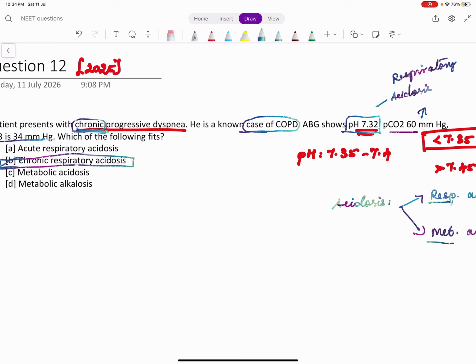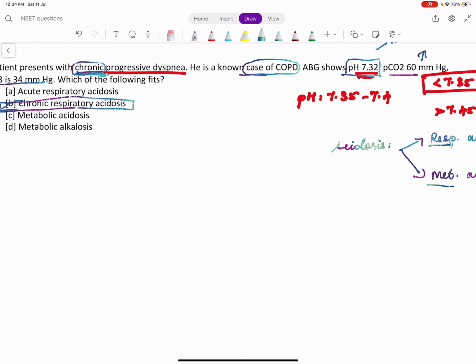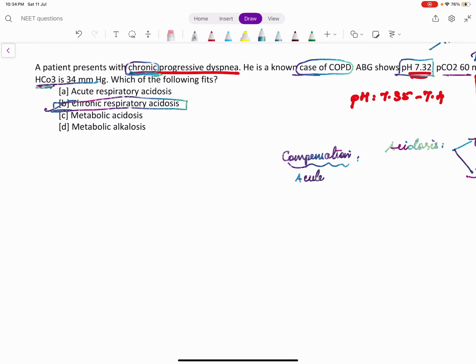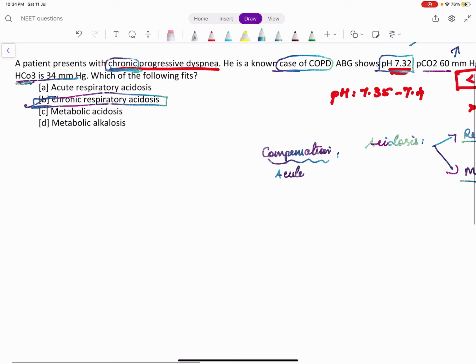If at all you want to know the formula, in respiratory acidosis, there is something called compensation. What is compensation is, when PCO2 increases, by the same direction rule, the bicarbonate also has to increase to compensate for the rise in PCO2.